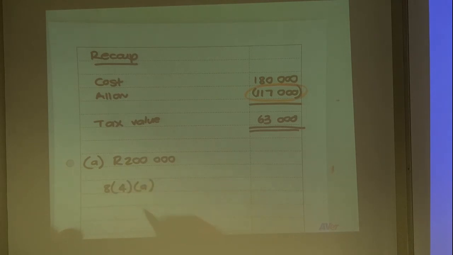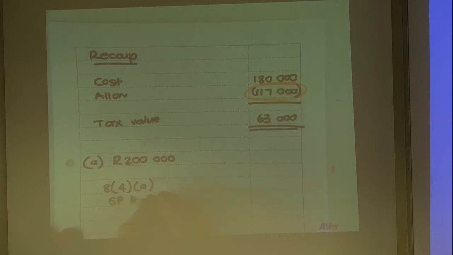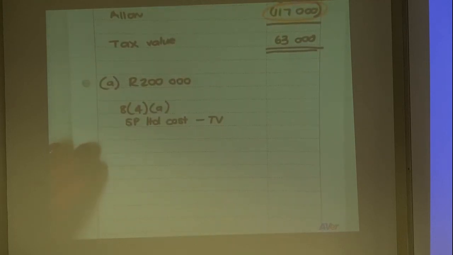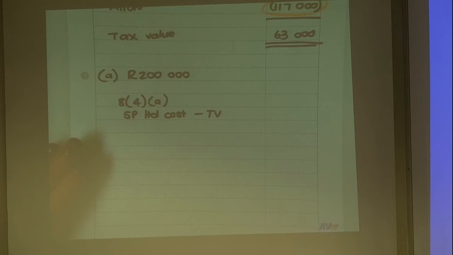We're going to say the selling price limited to cost minus the tax value. Okay, my selling price is 200,000 Rand, but what was my cost? 180,000.